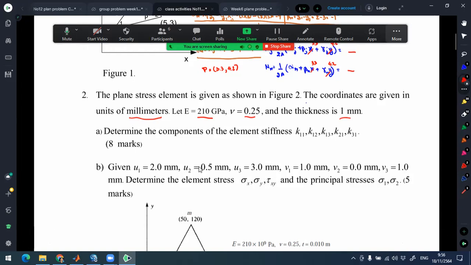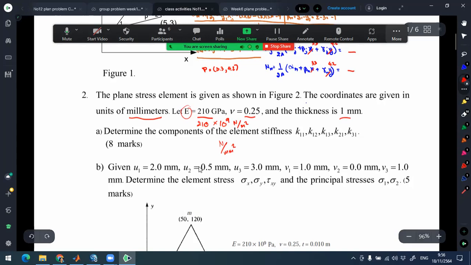In order to form the element stiffness, we have to be careful with the unit also. Gigapascal actually is 210 times 10 power 9 Newton per square meter. It is square meter, but all dimensions are in millimeter, so it is easy to convert the elastic modulus to Newton per millimeter instead.